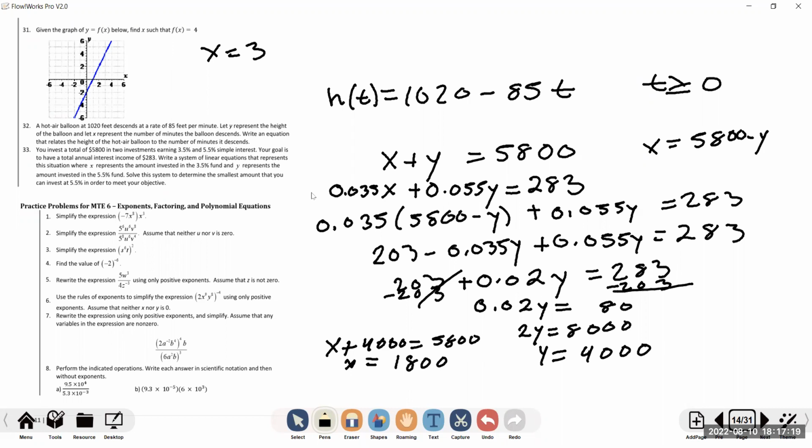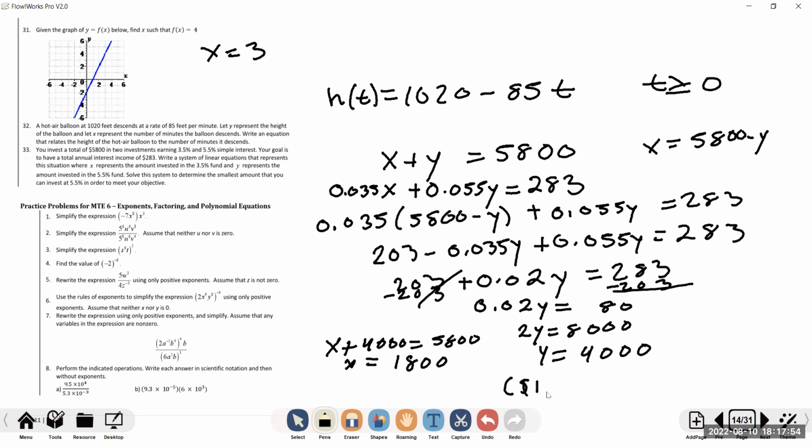Let's check if 0.035 times 1,800 plus 0.055 times 4,000 is equal to 283, and it is. So there's our solution to our system of equations.